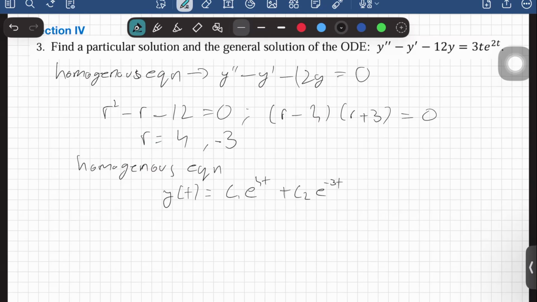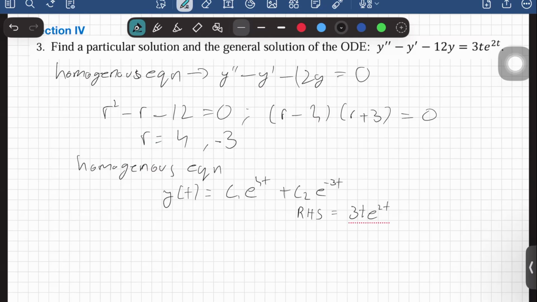Since we have to find the particular solution as well for this one, we're going to include the right-hand side this time. The RHS that was given to us before was 3t e to the power of 2t, right?